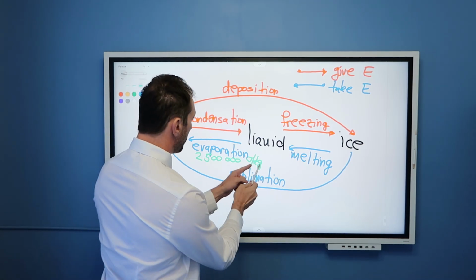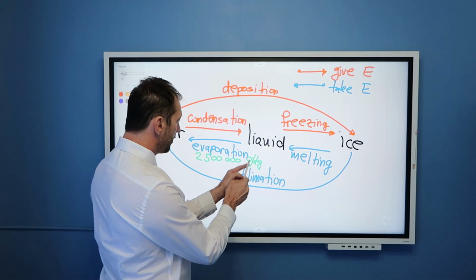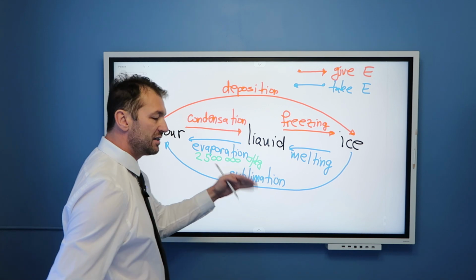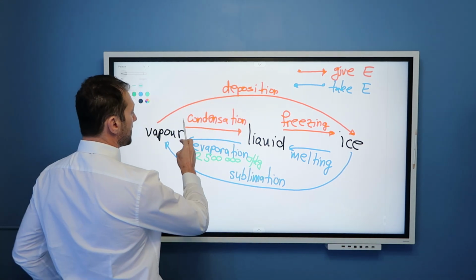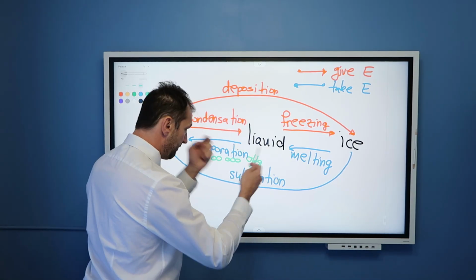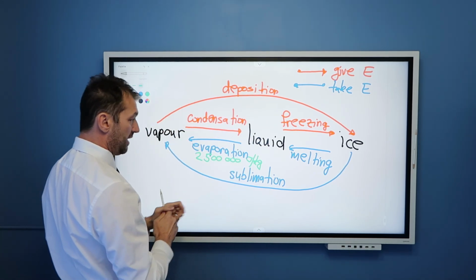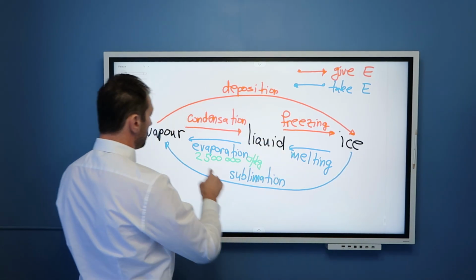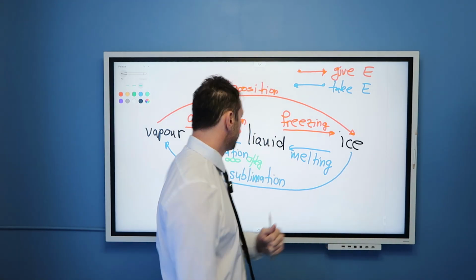So to evaporate 1 kilogram of water, you need to provide 2,500,000 joules of energy. Well, then you can see, because the process of condensation is the same, but reversed, if you condense 1 kilogram of water, then you will release 2,500,000 joules of energy. Okay?